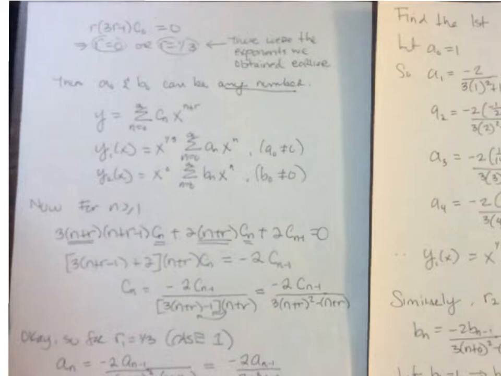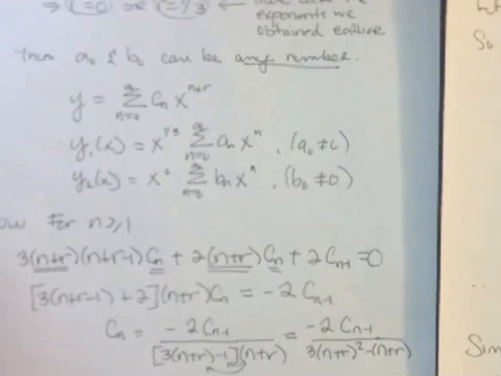Remember that C naught really represents our A naught, B naught. It's just a general C naught, or I should say A naught, B naught. So A naught and B naught can be any number, as long as this is true.